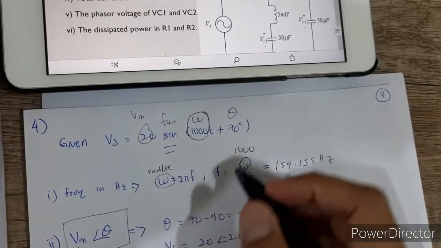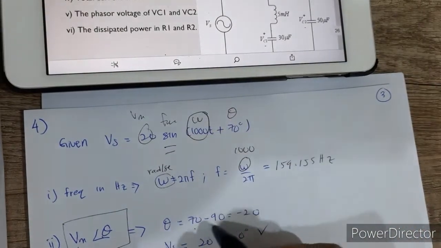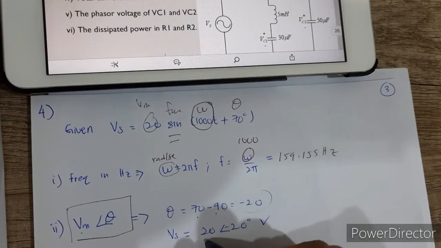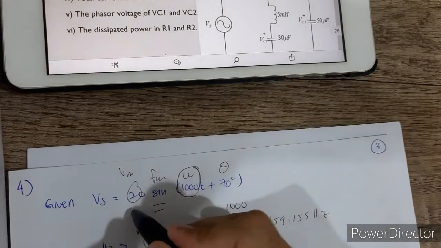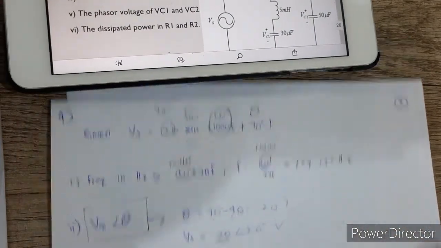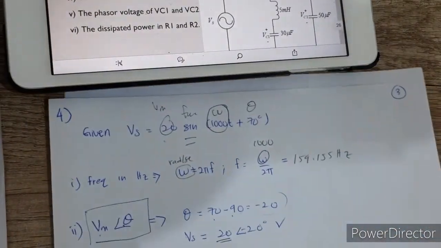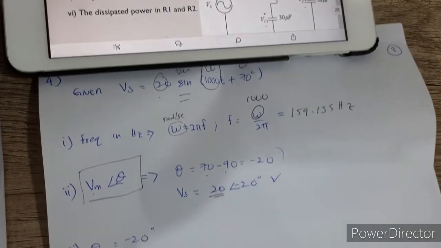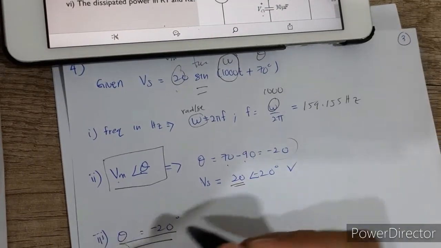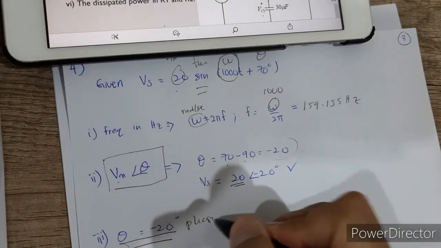So the original theta is 70 minus 90, which is negative 20. So our Vs is magnitude of 20 from the equation, and the angle is negative 20. So that one is the voltage supply in phasor form, and then the phase angle of the voltage, which is our phase shift.